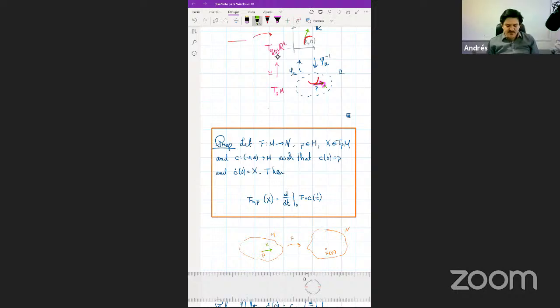I want to compute the differential of F at p of the vector x. So how do I compute that? I say, take any curve in M whose tangent vector is x.